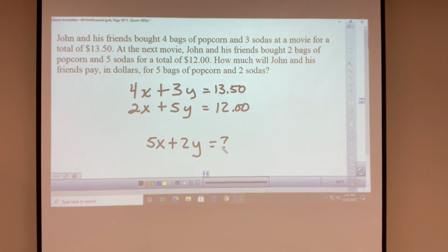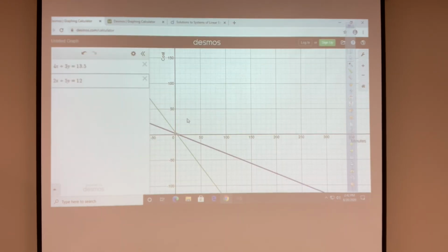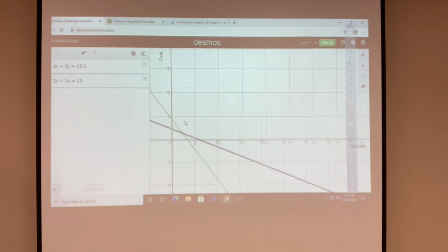So 4X plus 3Y equals 13.5, and 2X plus 5Y equals 12. Let's zoom in here.